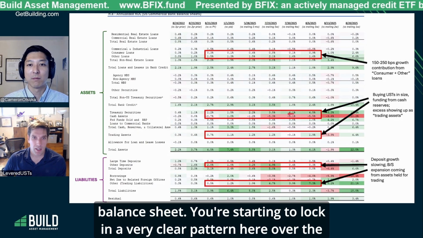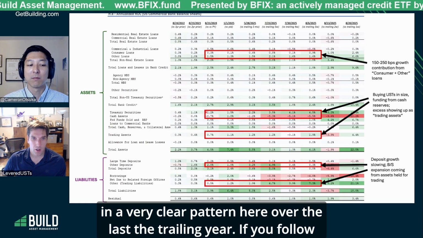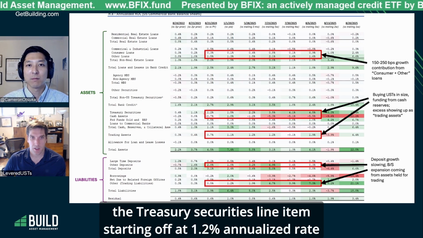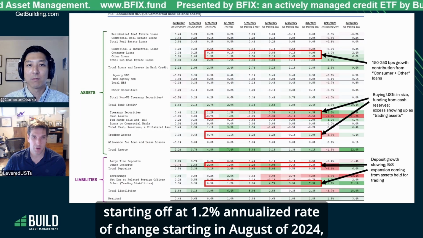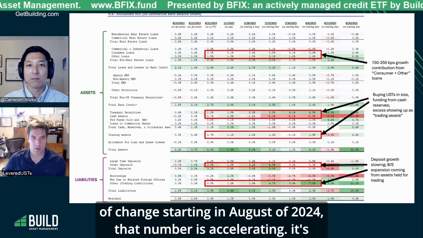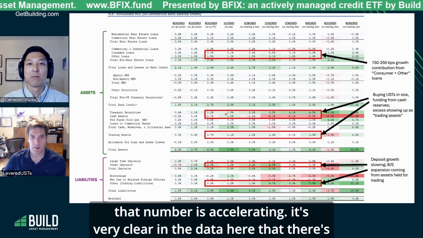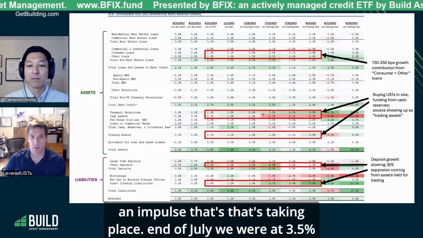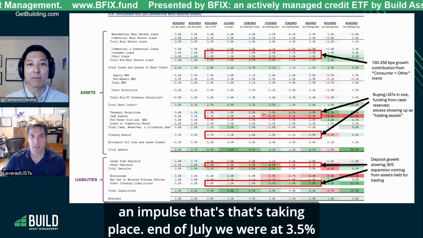You're starting to lock in a very clear pattern here over the trailing year. If you follow the Treasury securities line item, starting off at 1.2% annualized rate of change in August of 2024, that number is accelerating. It's very clear in the data here. There's an impulse that's taking place.